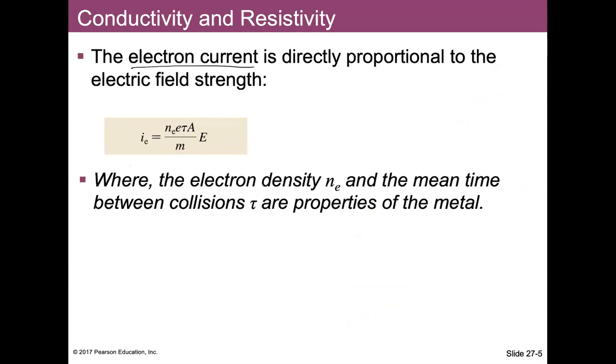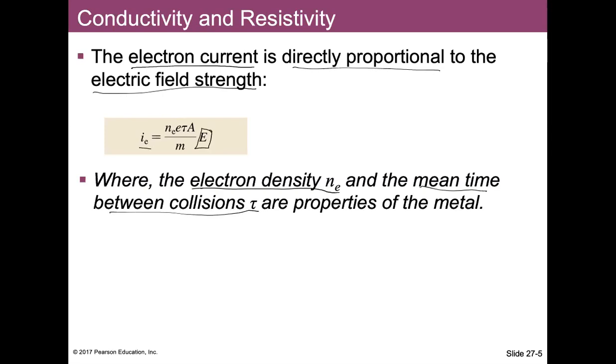We saw that it was directly proportional to the electric field strength, E. So here the electron current is directly proportional to electric field strength E, because right here we have n_e, the electron density, and tau, our mean time between collisions, and those are just properties of the metal.